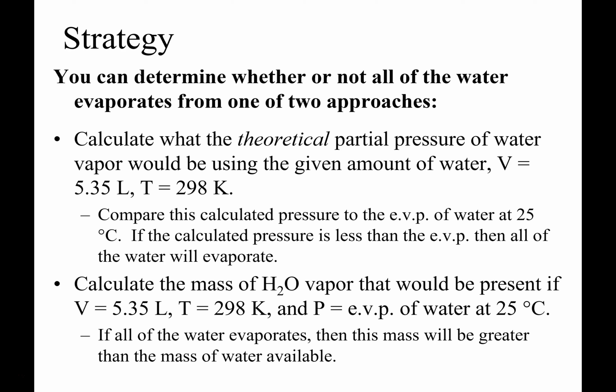So what we're going to do is calculate how much water vapor can be in here at equilibrium and compare that mass to this mass. And what we're going to find out is that mass is more than this. So there's extra space up here. This won't be what we call saturated.